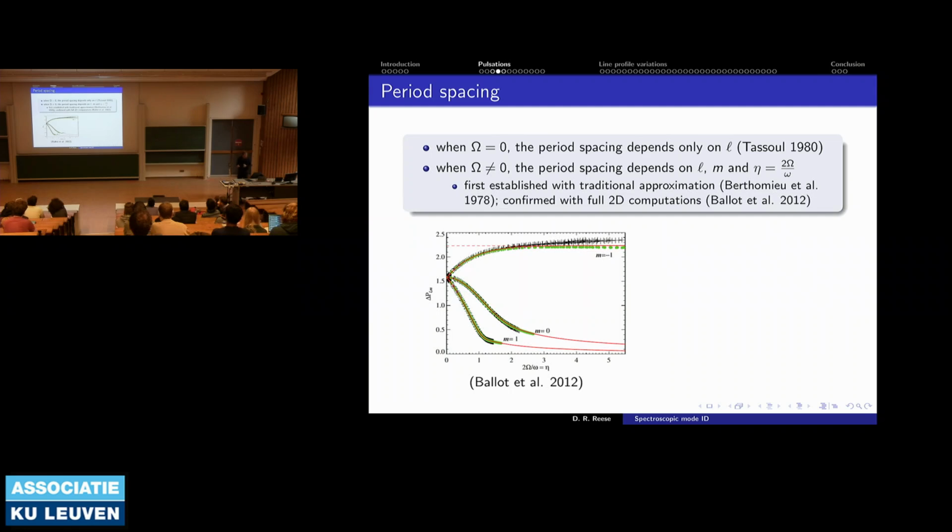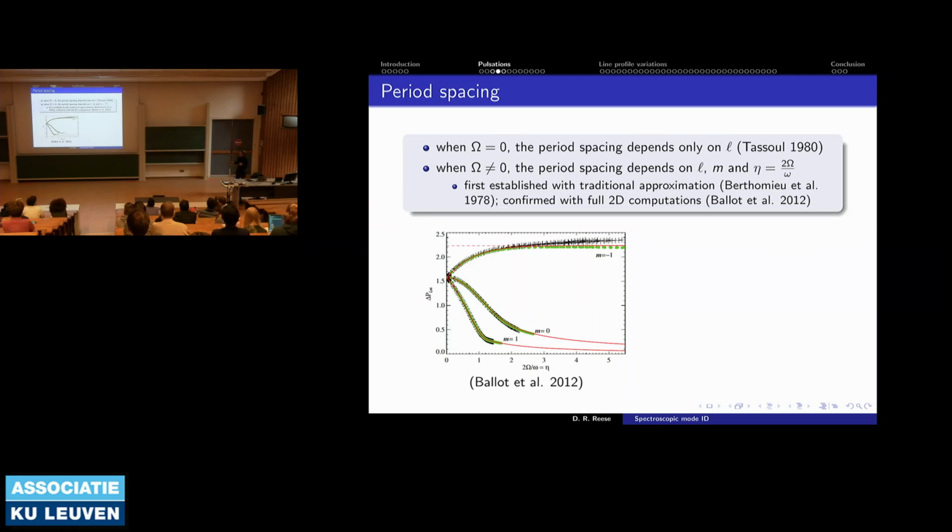And this was shown using an approximation known as the traditional approximation, which enables you to come up with separable solutions for the pulsation modes. And then later on, it was confirmed using full 2D calculations.